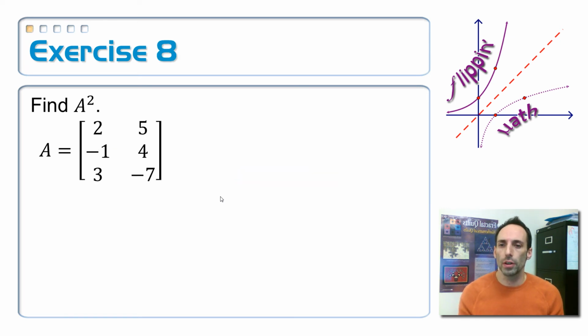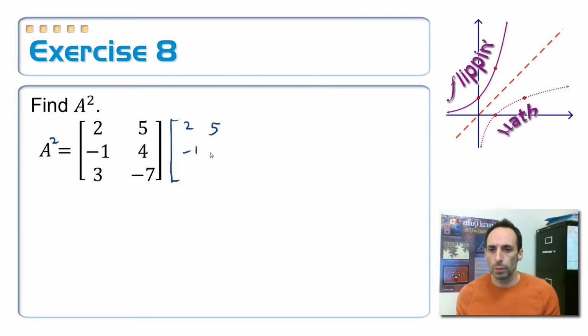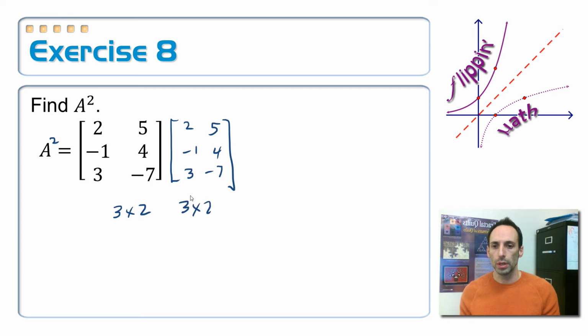All right, so final example. How about doing the same thing, A squared, which means multiplying the matrix by itself, right? We'll just go ahead and do this one together. So 2, 5, negative 1, 4, 3, negative 7. Now, for a while here, we haven't been looking at the dimensions because they've all been square. Whenever you multiply square by square, it stays the same. Here, this one is, let's see, a 3 by 2, and I'm multiplying it by another 3 by 2.